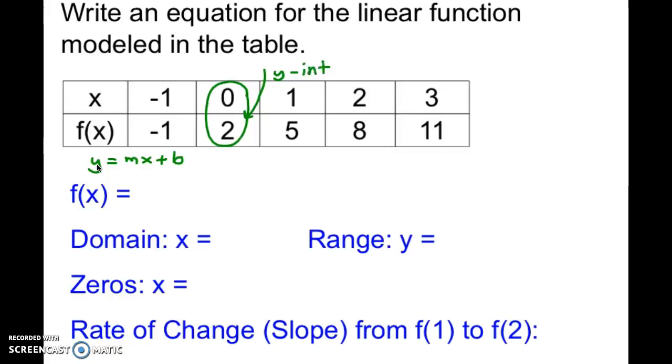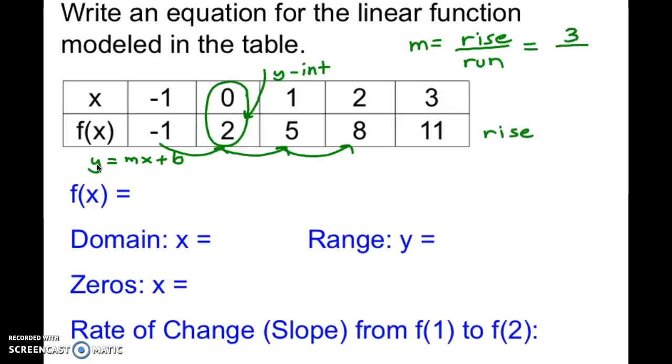And from the slide before, if you remember, slope ends up being rise over run. Well, if you look at this table, your y values are on the bottom, so all of these are your rise. If you jump from one to the next, you are going up 3, so your rise is 3 because you're going up 3 each time.